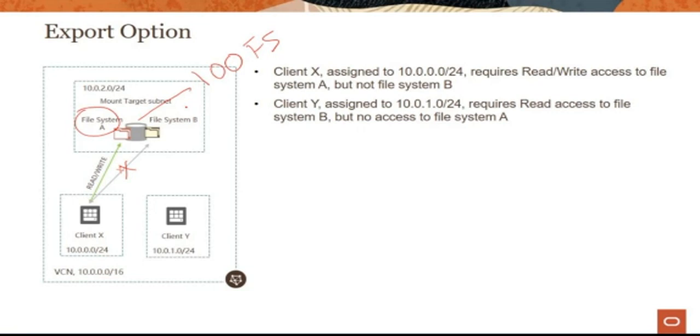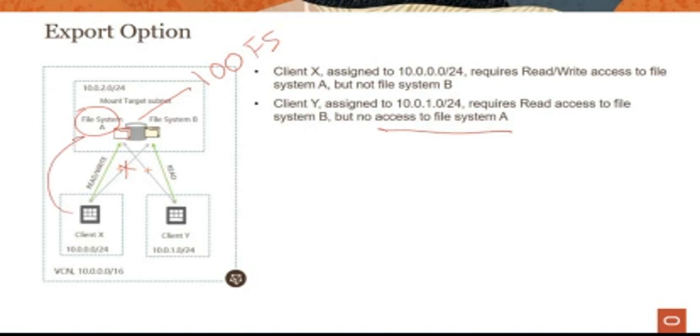On the other hand, client Y has read access to file system B, but no access to file system A, right? So if this export option was not available, you could either open this client access here, or you could open this client access here, and they could access every file system, right? There is no granular set of access permissions you could specify with your security list.